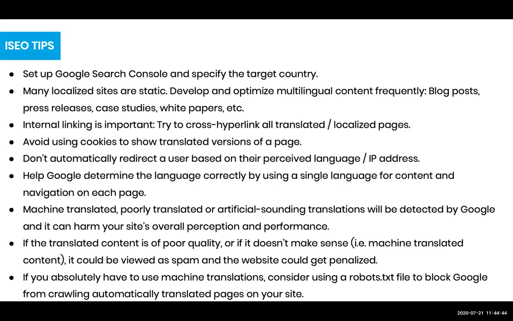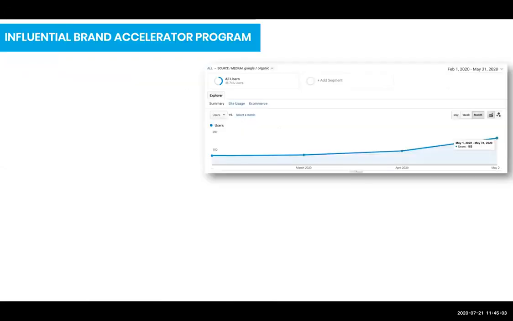So use a professional localization solution. If you absolutely have to use machine translation, consider using a robots.txt file to block that content. So just do it the right way, get it localized the right way.